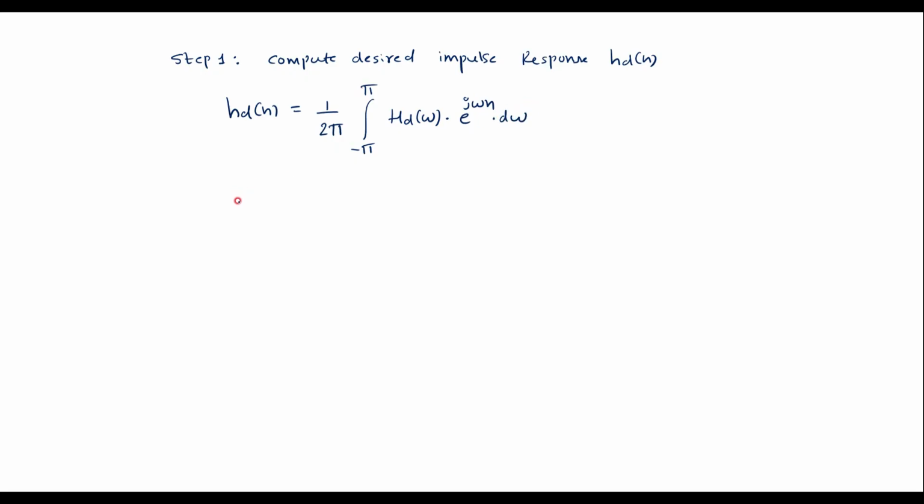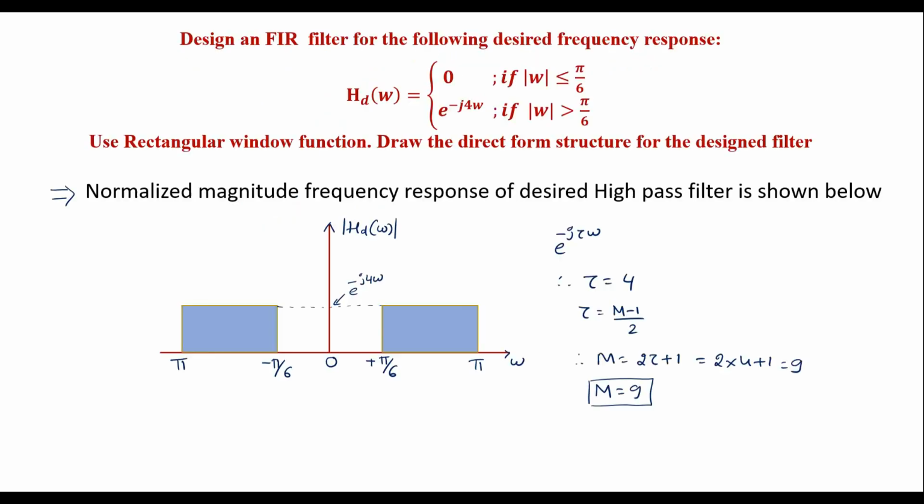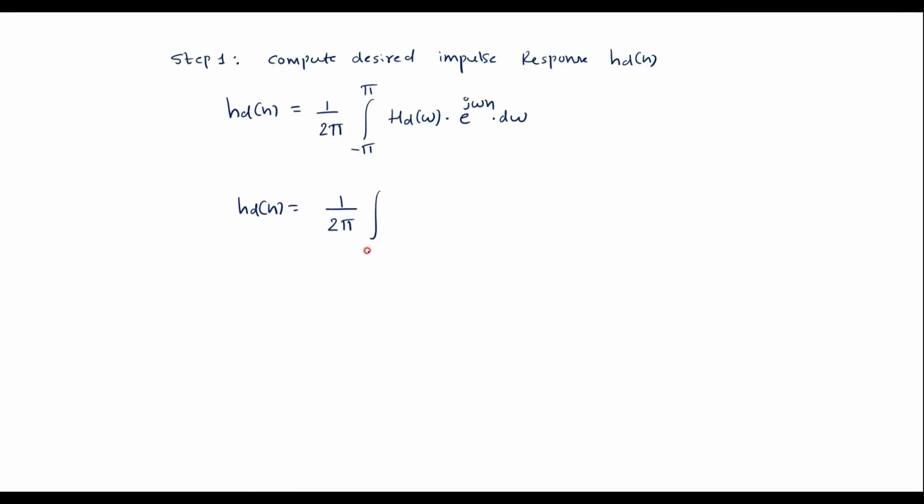So simplifying this, HD of n is equal to 1 over 2 pi. Here we can see that it is varying from minus pi to minus pi by 6. So one integration limit is minus pi to minus pi by 6.